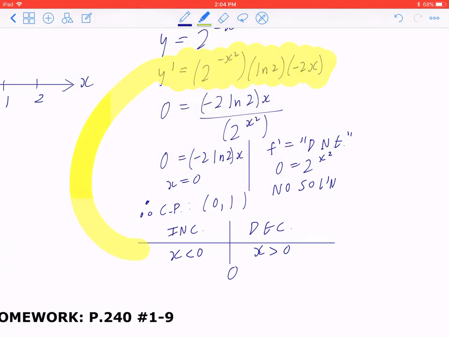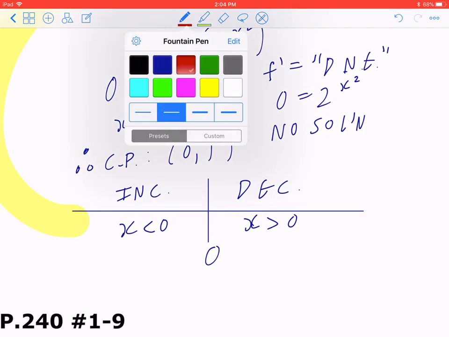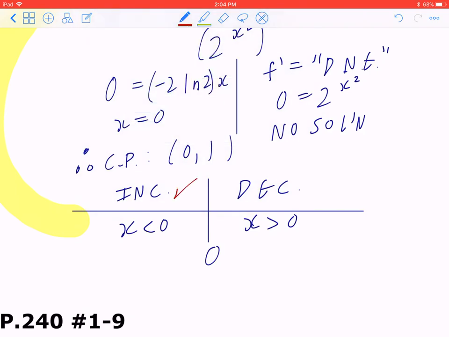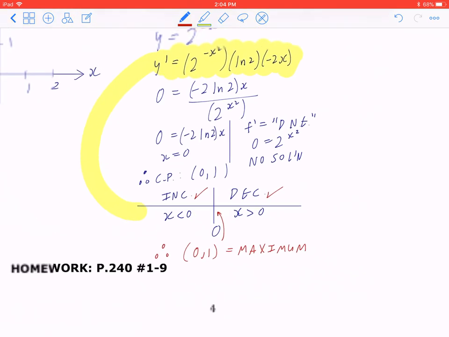So if you plug it back into here, you would discover in the first case, the function is increasing, and when you plug it back into the second case, when it's positive, that's going to be decreasing. So this would tell you that the critical point, (0, 1), is going to be a maximum. And again, this is from the first derivative test. The fact that it's increasing, then it decreases.